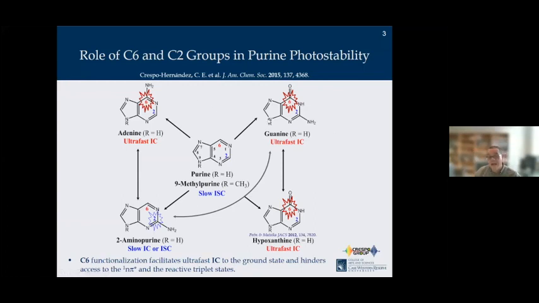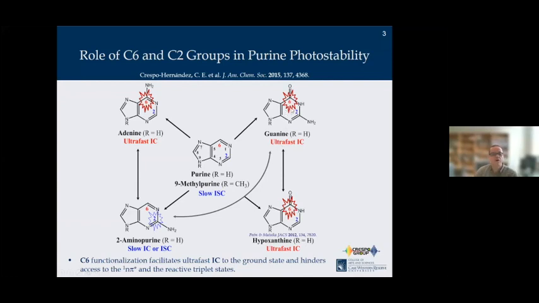And so they are highly photostable, as we know in DNA. We also have seen that the sixth position is the key, because if you remove the amino group, for example, from guanosine, forming hypoxanthine, we still have a highly photostable biomolecule, as we all know.